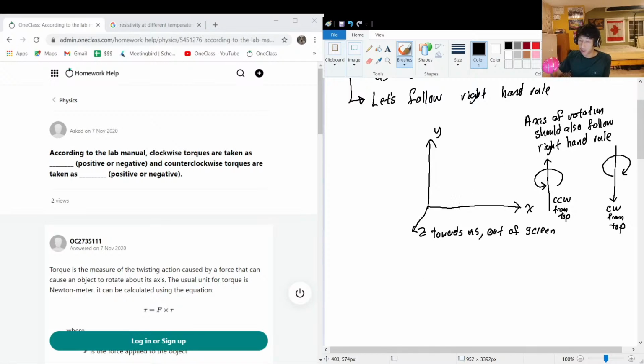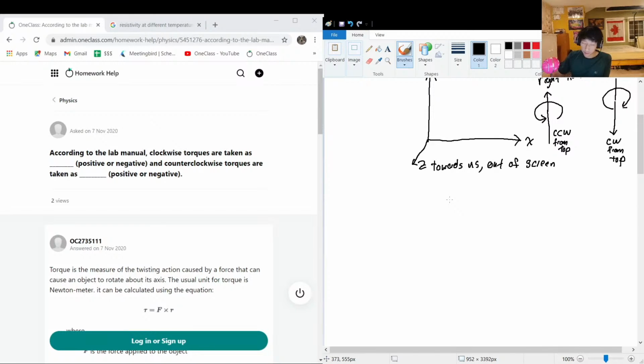Okay, so let's say that we have a situation like this. We know that our Z is coming out of the screen pointing at our face. I'm not going to draw the Z axis, but we want to imagine that it's there, and that's going to help us define our stuff. Suppose that we have an arm here, and we're going to apply a force to it here.